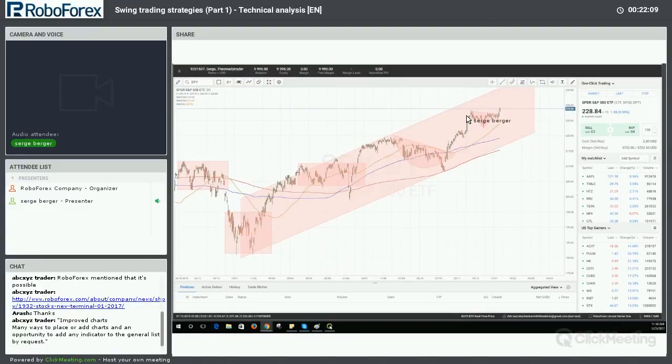I want to make sure that everyone understands what that actually is. So let me show you again what a confluence support or resistance zone is, and more importantly, how this relates to swing trading and how we can use it in practical application, as opposed to just something that's in theory.